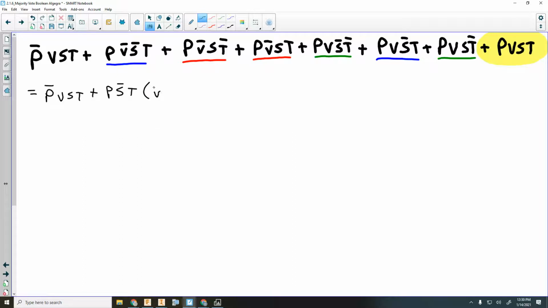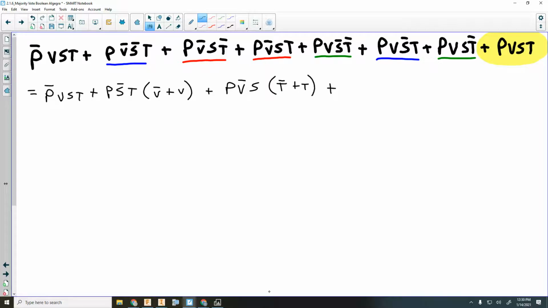B naught would be. And then in red, what are my common terms? B naught S. And then I have left inside would be what? T naught or T.